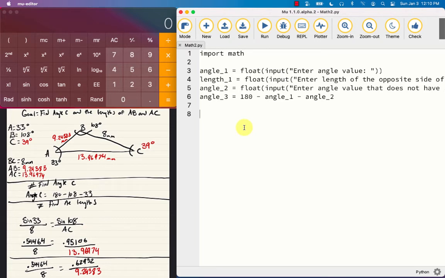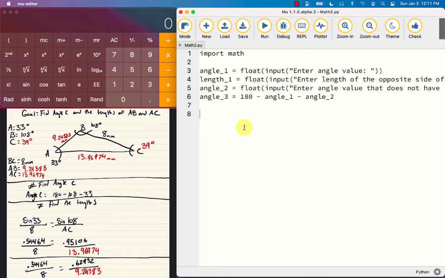All right, so let's now go back to our math here on the iPad, and we're finding the lengths. Now, with the math module, we actually have one more step before we use sine. We have to convert it to radians. So we go radians and then sine. This is where the math module comes in.